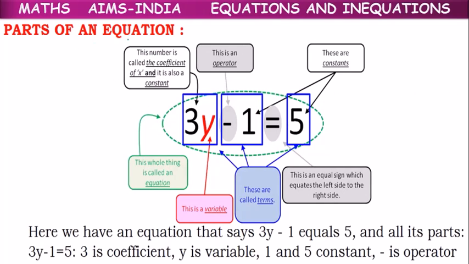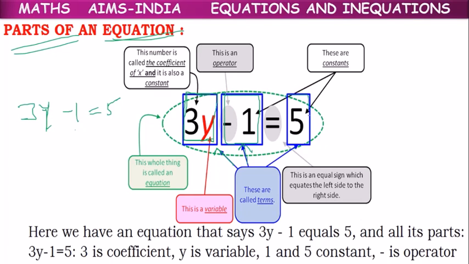Here children, this equation contains so many parts. Suppose 3y minus 1 equal to 5 is an equation. This total 3y is considered as one term, and this minus 1 is another term.